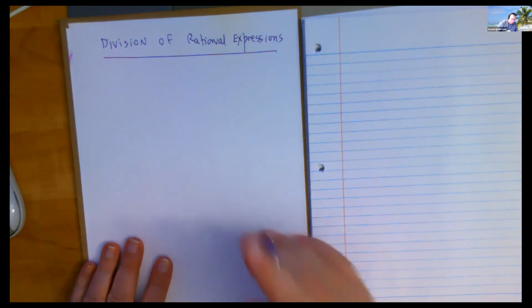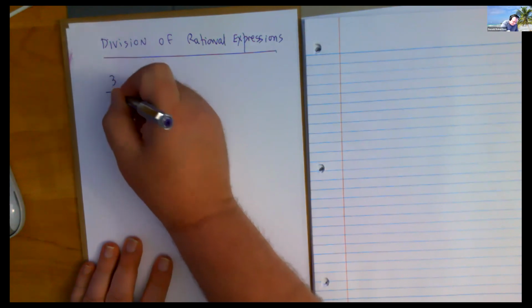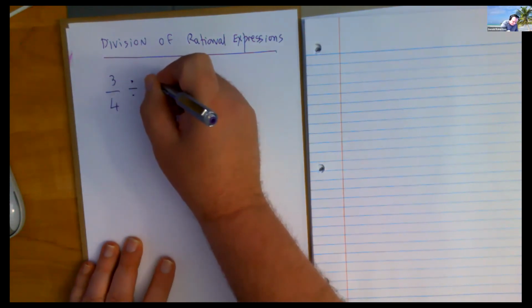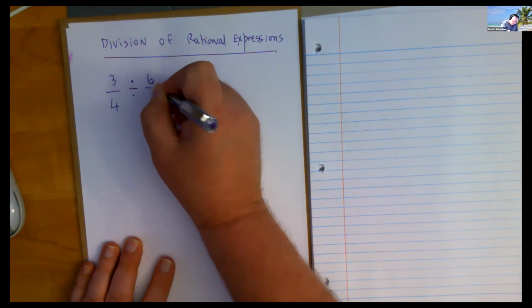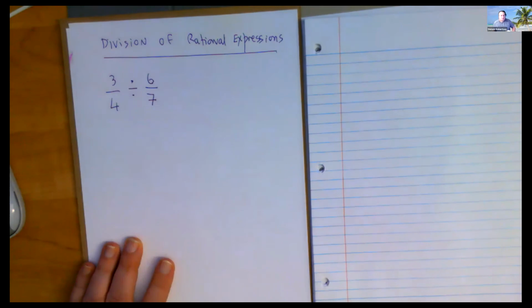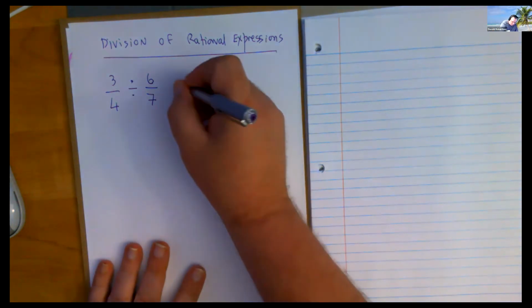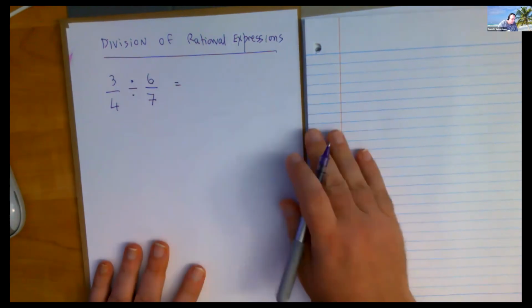So, division of rational expressions. Well, let's look at division from a very basic point of view. I know it's a long, long time ago, but if you were going to divide two fractions, and fractions are just rational expressions, isn't there a weird rule that we say, look, just do it, it works?